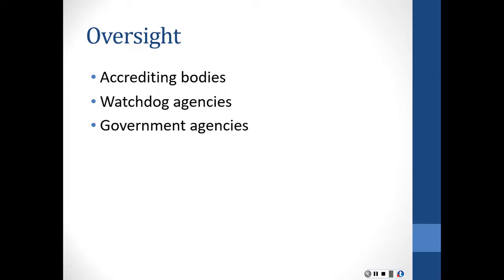So the government also helps to provide some oversight on nonprofits. The main reason they do that is because they are providing all of these tax exemptions, so they want to make sure this is a legitimate nonprofit. So those are different oversight agencies.